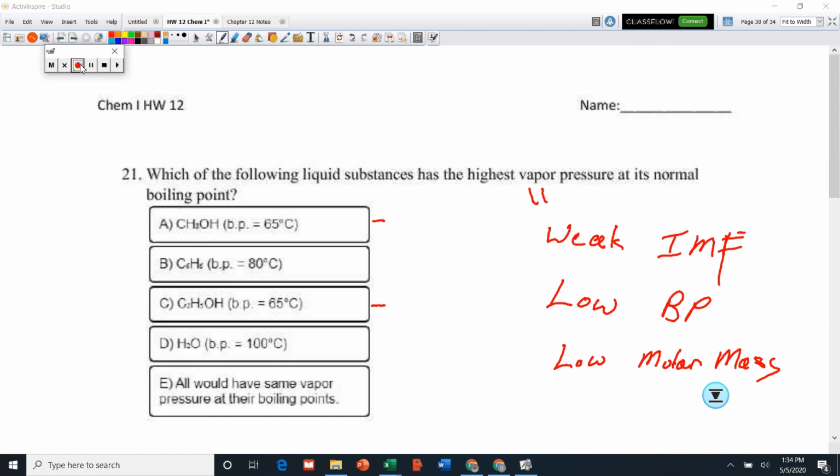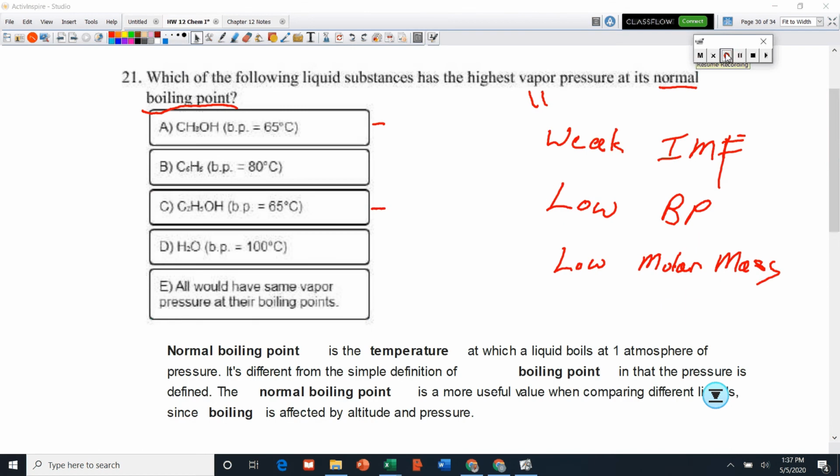All right. Looking at this question, I want you to make sure you consider something in the question. Which of the following liquid substances has the highest vapor pressure at its normal boiling point? Before we move off of this question, I want to give you the definition of normal boiling point.